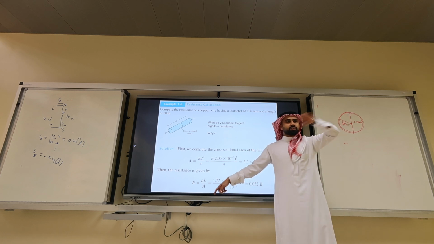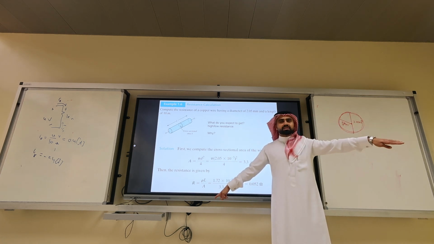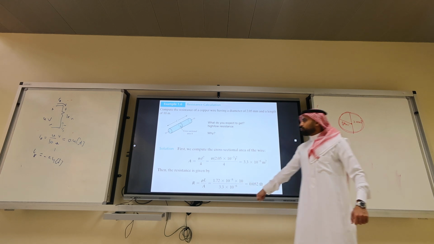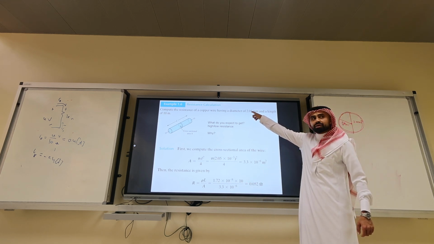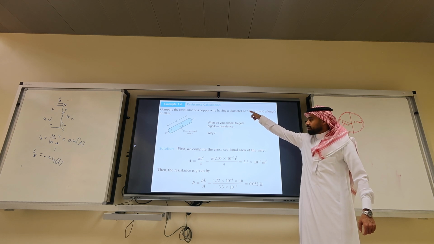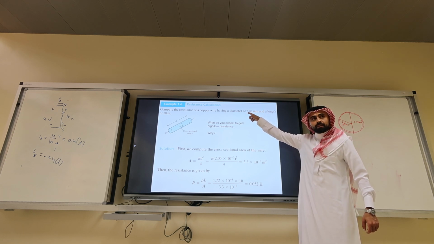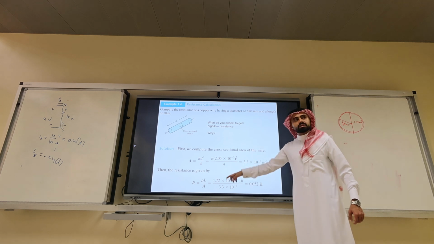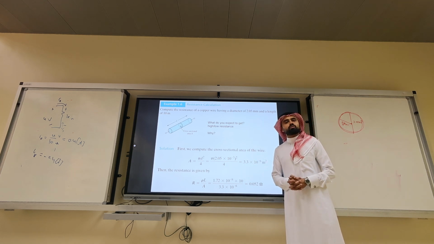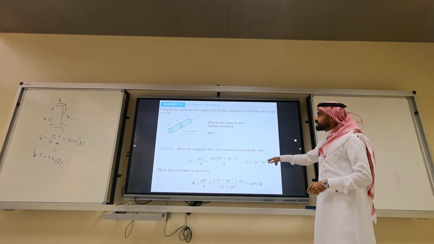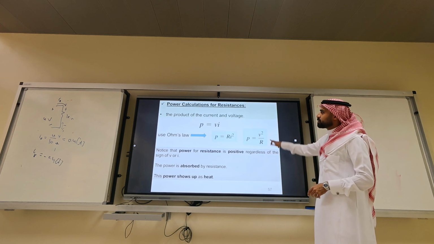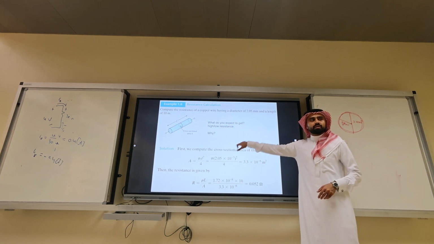These are the questions, and then we bring them like that. Understand this question? If we double the diameter, the resistance will be reduced by 25%. Okay? So it's not linear. Any question about this problem?